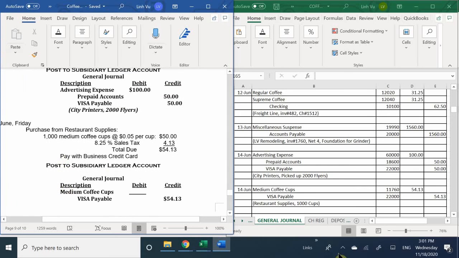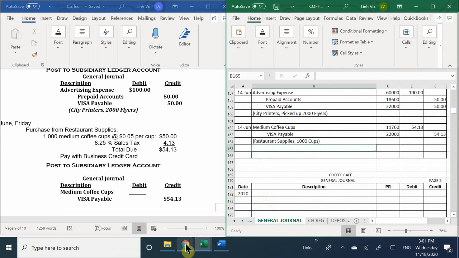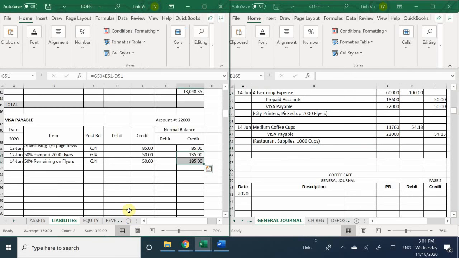Okay. And so then next we go to the ledger. Yes, next we go to the ledger. And then we're going to go to the assets.